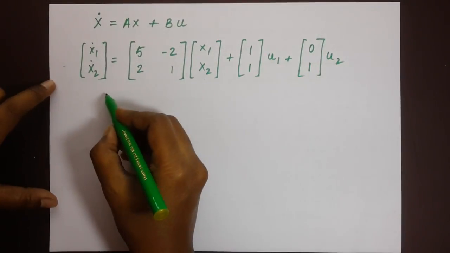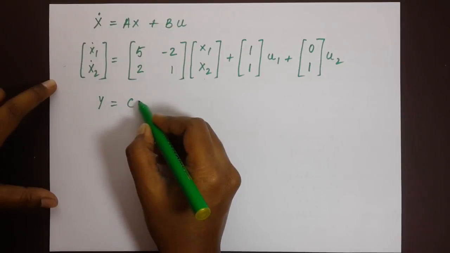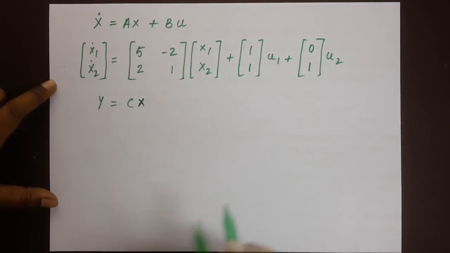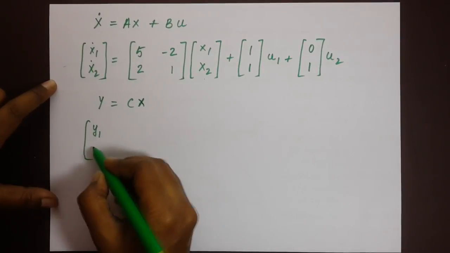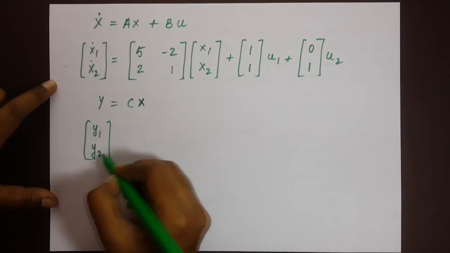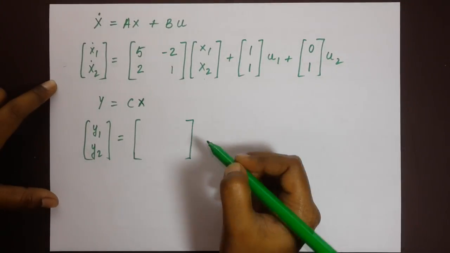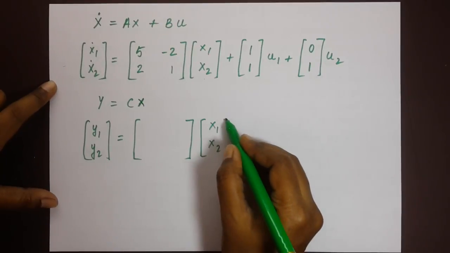Let's write down our output. The output equation is written as y is equal to Cx. Write it down in matrix form. So that's y1, y2 is equal to a matrix C, and then we have x1, x2.